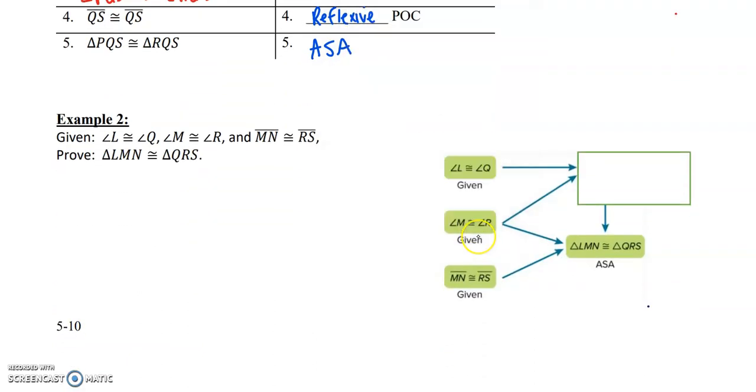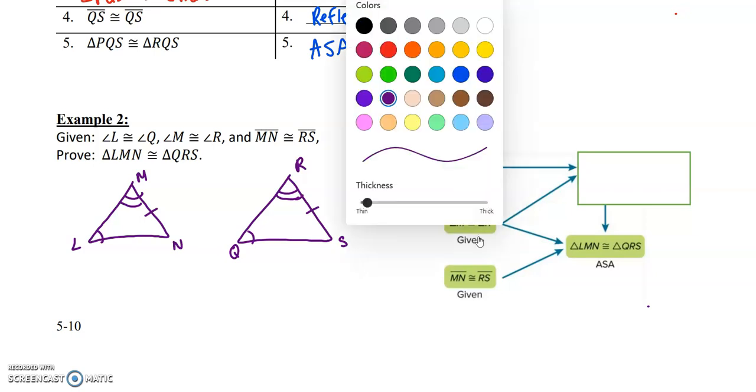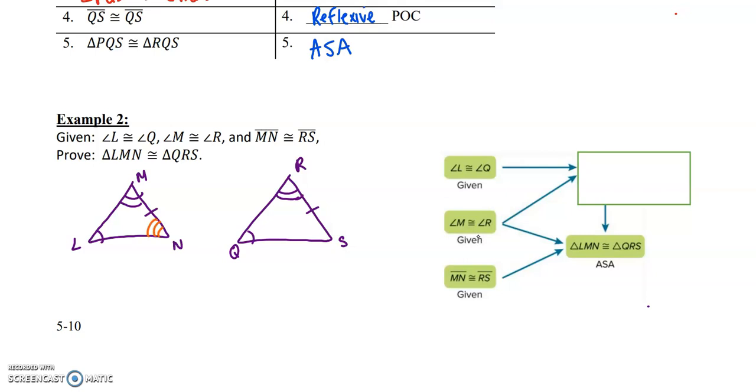Down here, if we have two triangles, I'm going to quickly draw those triangles so that we can visually see them. And I know that L is congruent to Q, M is congruent to R, and then I also know that MN is congruent to SR. I could use that information to prove those triangles congruent, but I also have these angles congruent because they're the third pair, the third angles theorem.